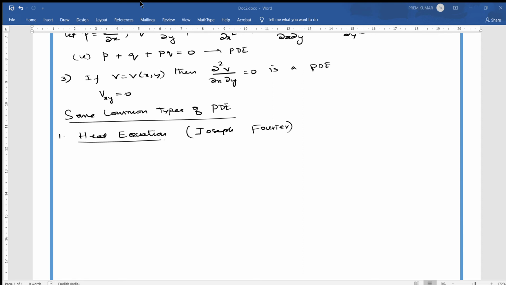He derived this heat equation, and it has very wide applications.